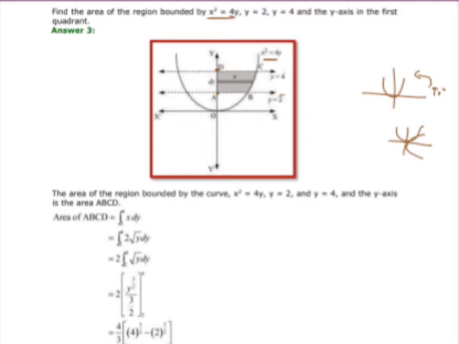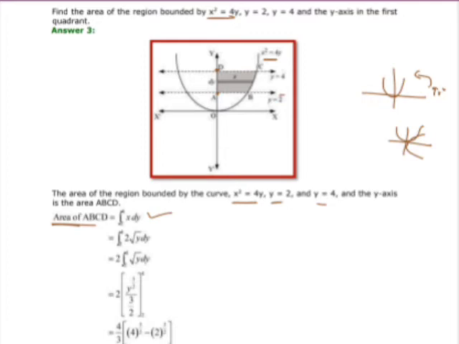So we have to take a strip parallel to the x-axis, horizontal, with a width dy along the y-axis. So the area of the region bounded by the curve x square equals 4y, y equals 2 to 4, and the y-axis, the area of ABCD, is equal to integration 2 to 4 of x dy.